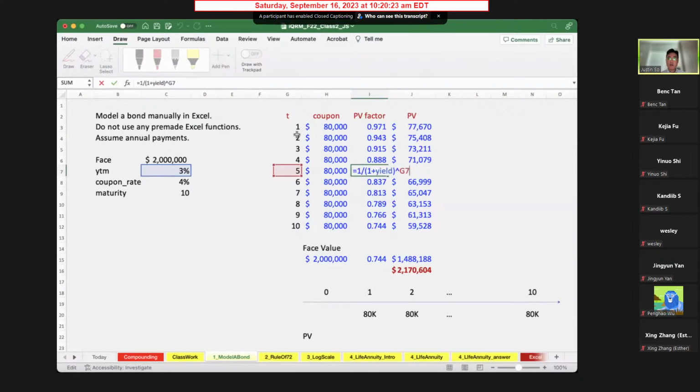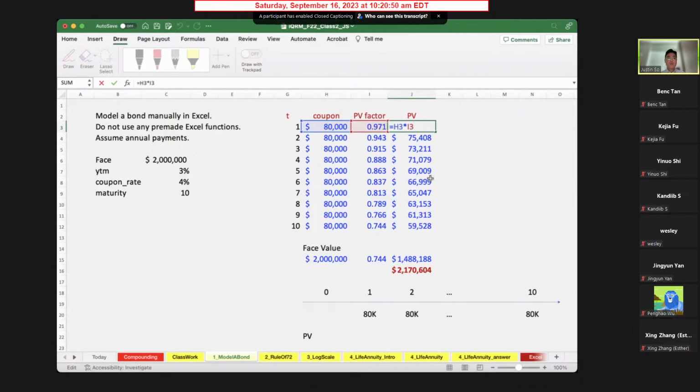Like the 5th year, you have to discount 5 times, and then this power works as 5. So if you multiply this present value factor or discount factor by the nominal amount, following my Excel formula, you get the present value.